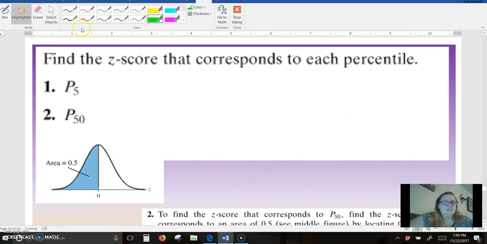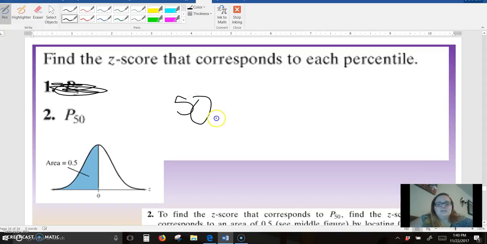So now let's do 50%. Okay, 50%, so 50. The decimals here, move over twice, and so that's why we get 0.5. So type in your calculator, inv norm 0.50, we get 0.